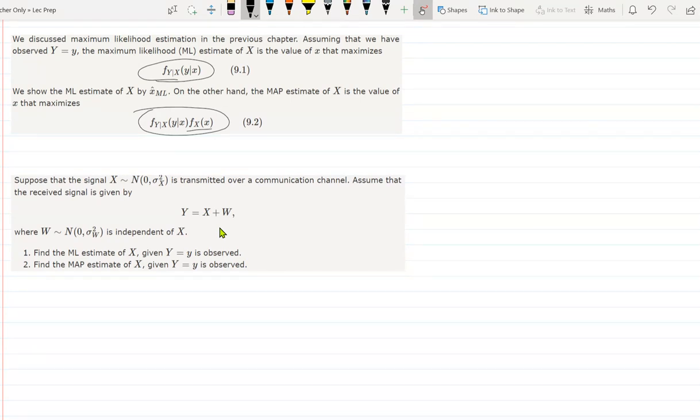You know that it is from a normal 0, sigma squared distribution. You don't know exactly what I sent, but you have some information about what X is. It is distributed according to this distribution. So this is the prior distribution.